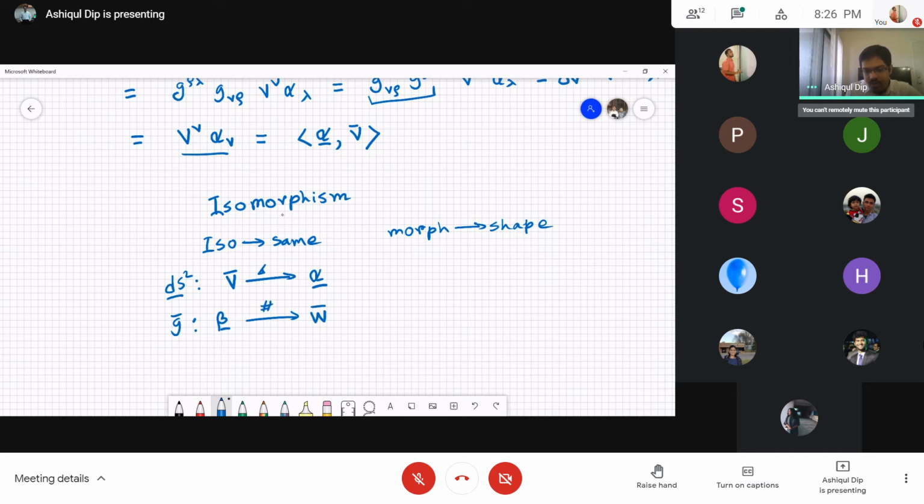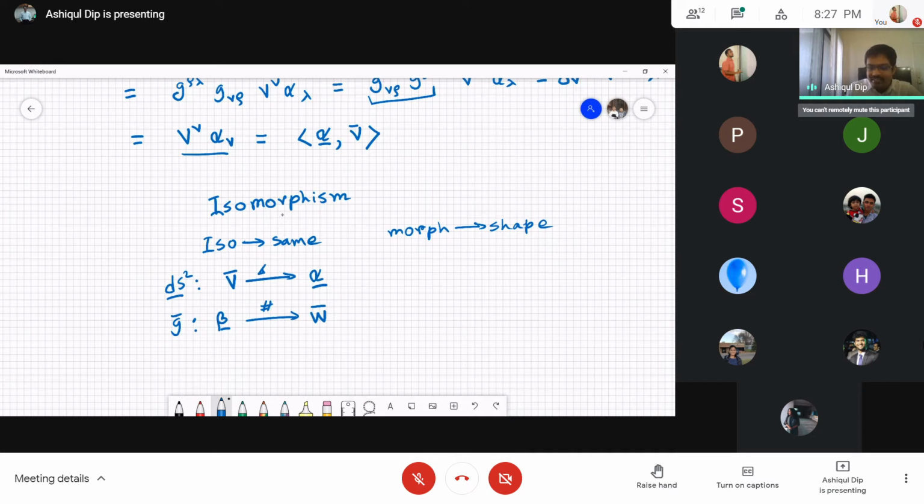So when the metric tensor is defined, we are always able to find a corresponding one form to a vector and a corresponding vector to a one form, which means they are representing the same thing but in different ways.